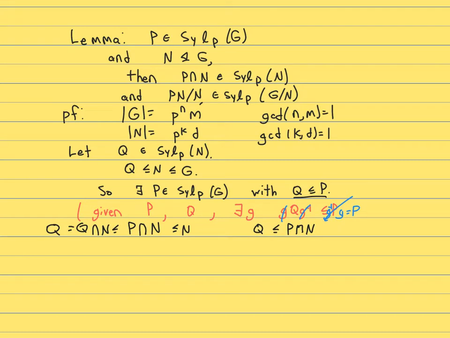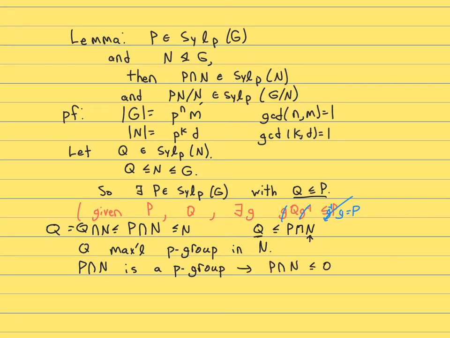But remember, Q was a Sylow p-subgroup of N, and so Q had to be a maximal p-group. And P intersect N is a p-group. So that implies that P intersect N is contained in Q, which means that Q is P intersect N, which means that P intersect N is in fact a Sylow p-subgroup.